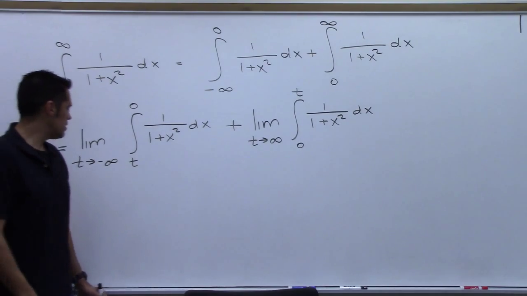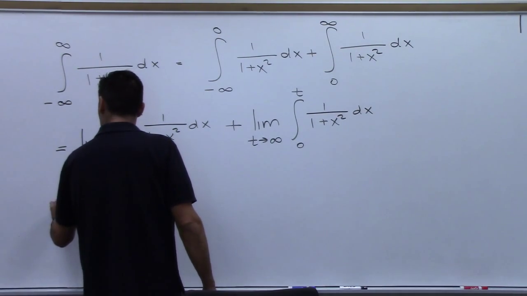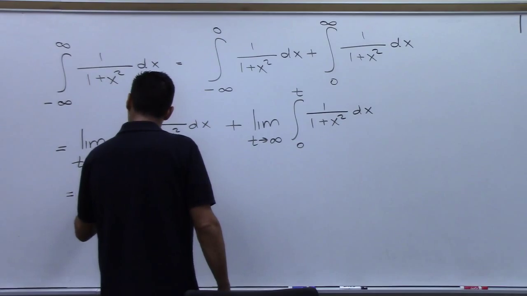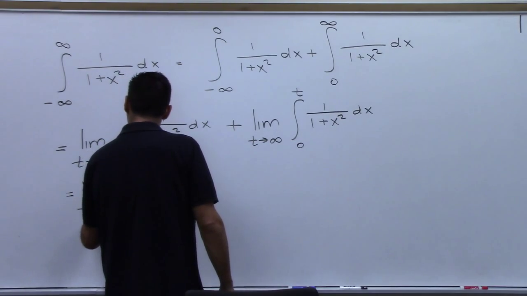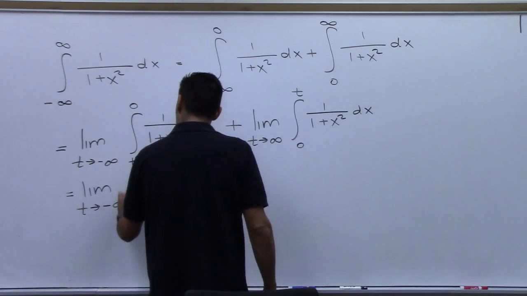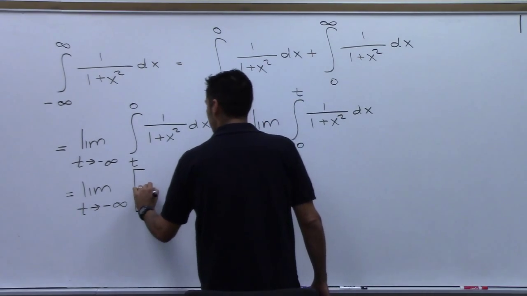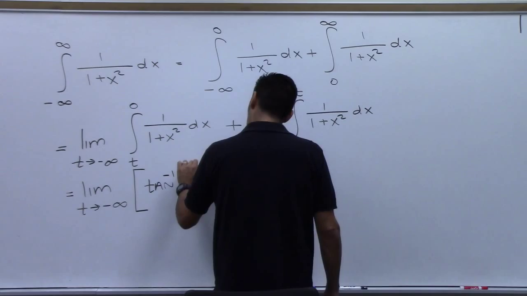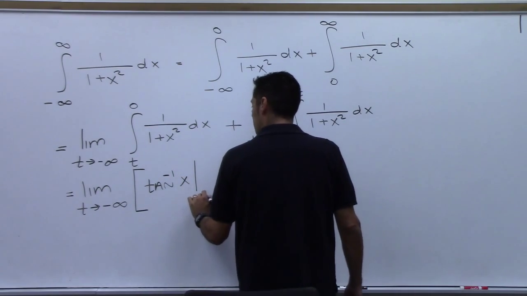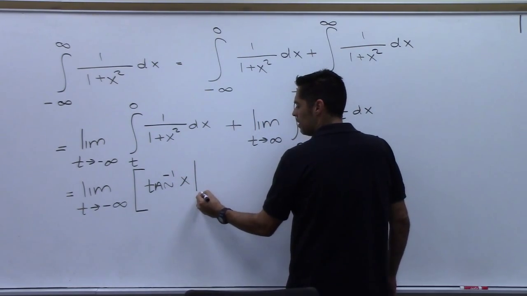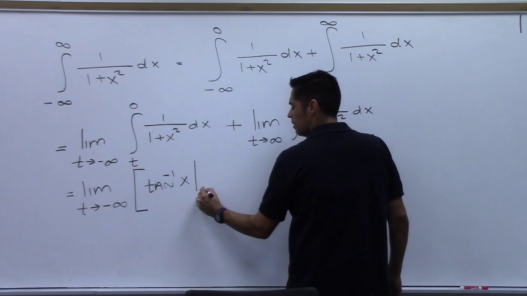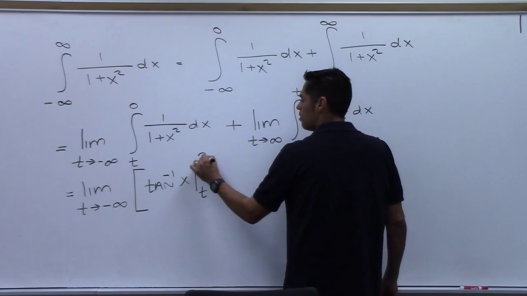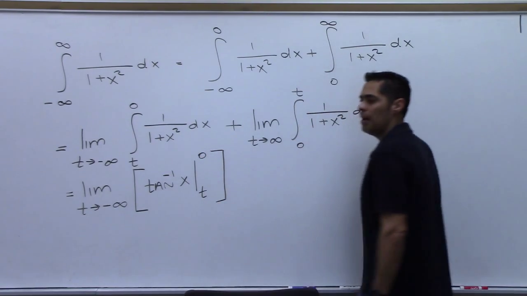All right, so let's do this. This is going to become the limit as t goes to negative infinity of arctangent of x evaluated where? On the bottom it's what? Negative infinity. Not yet. T, and the top 0. So we've got to figure that out, right?